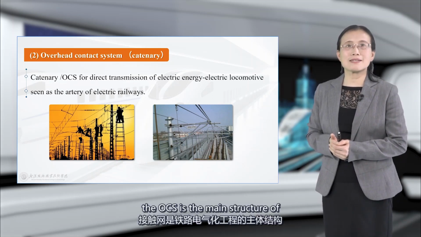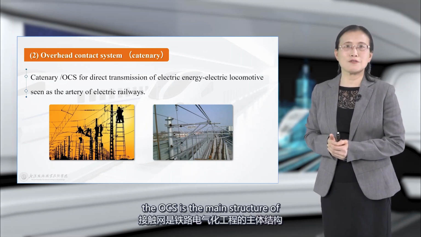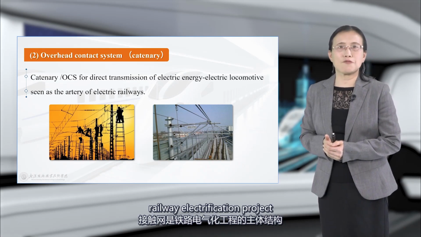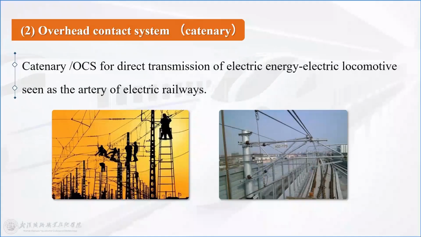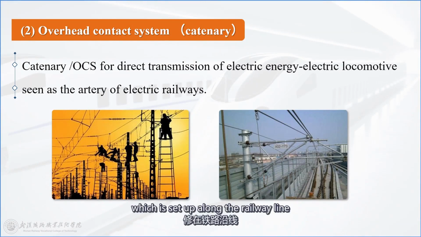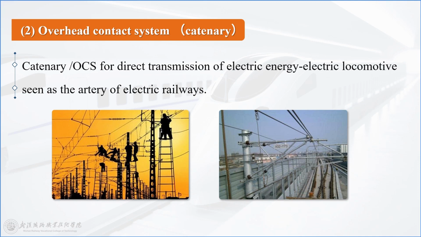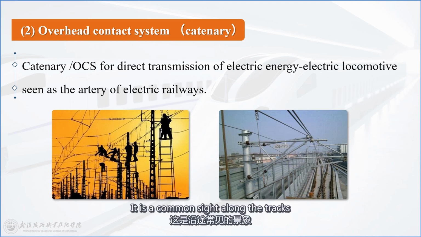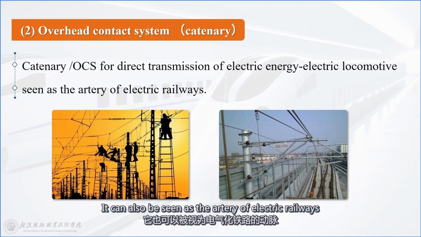The OCS is the main structure of railway electrification project, and it is a special form of transmission line which is set up along the railway line to supply power to electric locomotives. It is a common sight along the tracks. It can also be seen as the artery of electric railways.